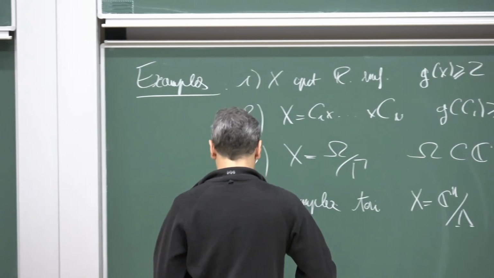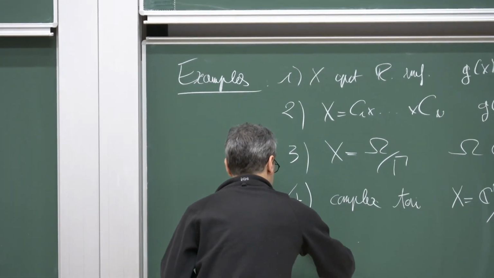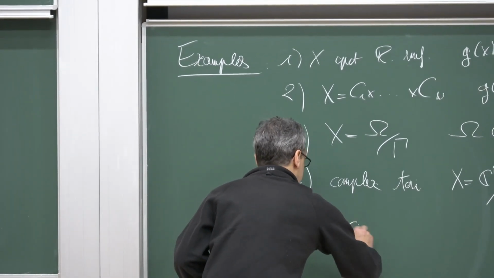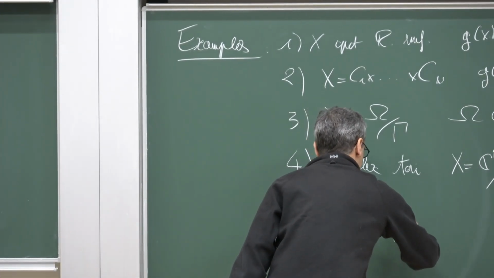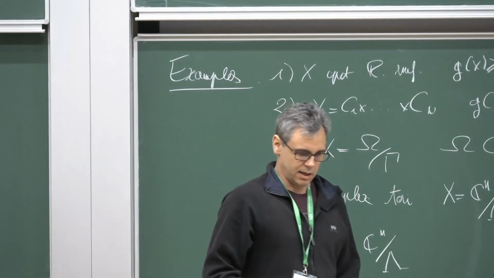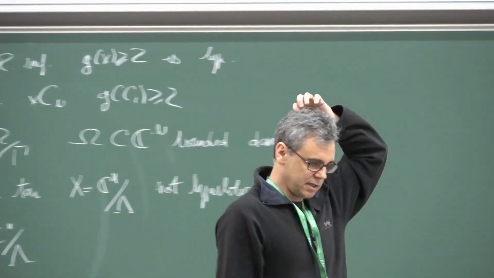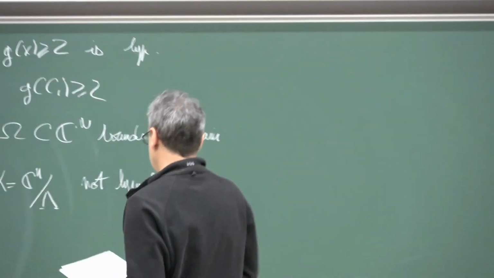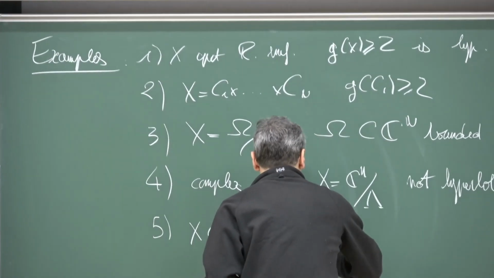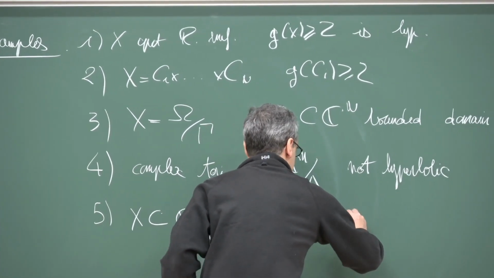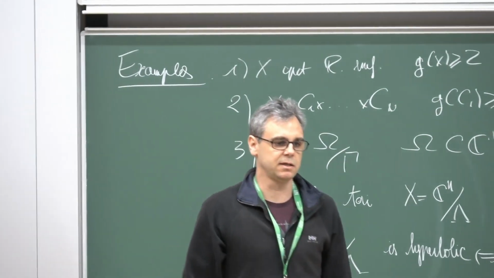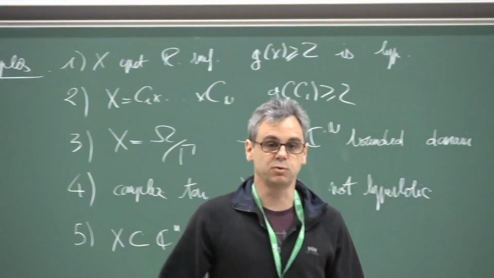And you can look at subvarieties of complex tori. And this has a very nice characterization. So X is hyperbolic if and only if X does not contain subtori up to translation.